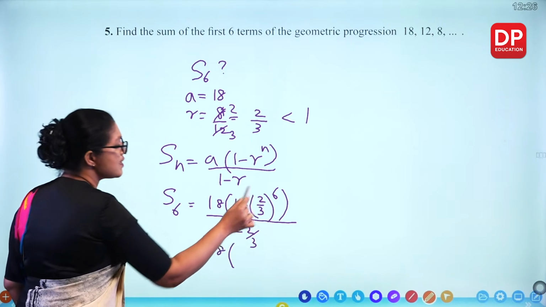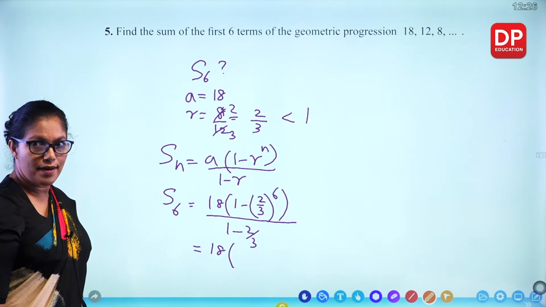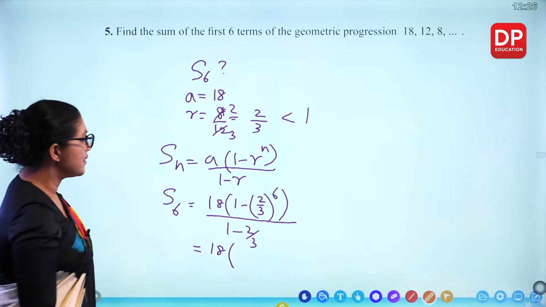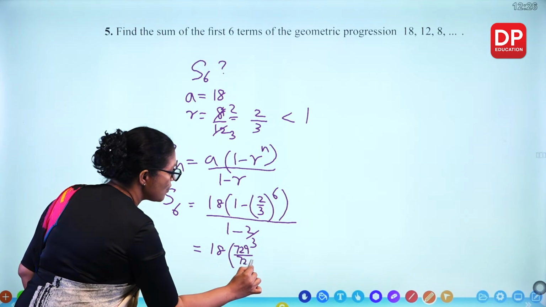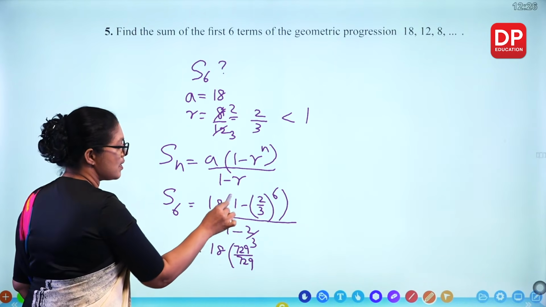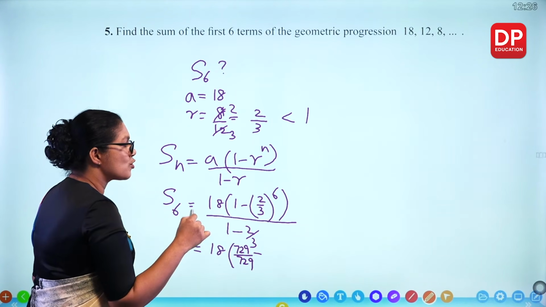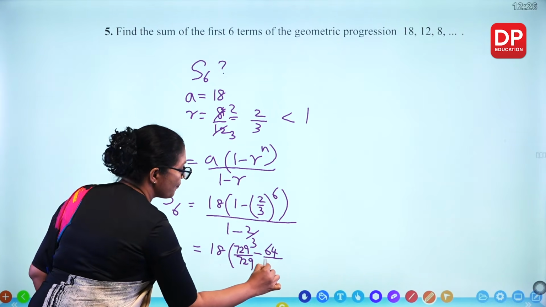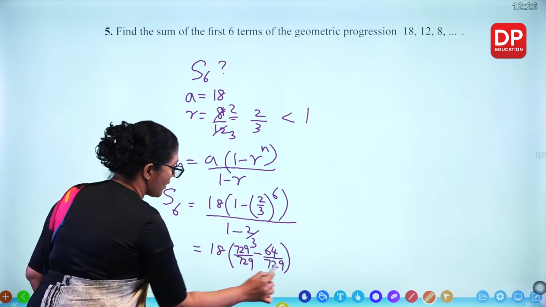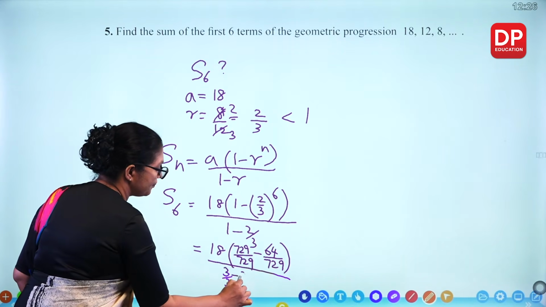1, I can write. What is 3 to the power 6? 3 to the power 5 is 243. Multiply by 3, 729. I'm writing 729 over 729 as 1. 2 to the power 6 is? 2 to the power 5 is 32, 64. And this one I can write 3 over 3.